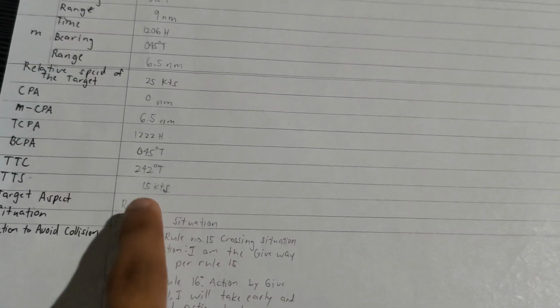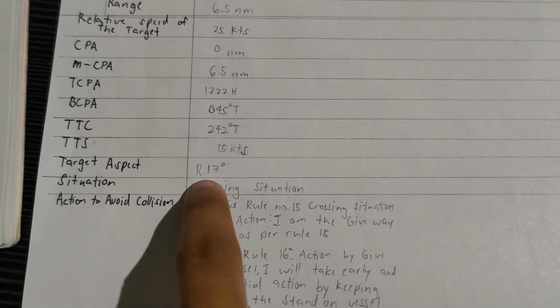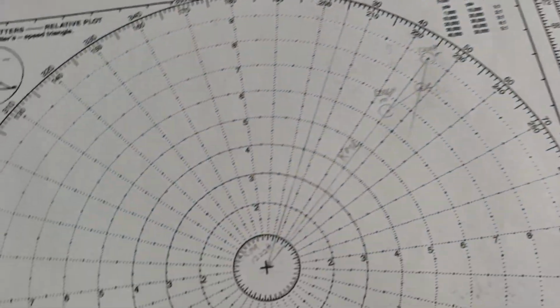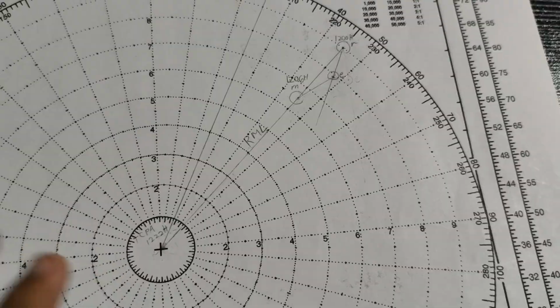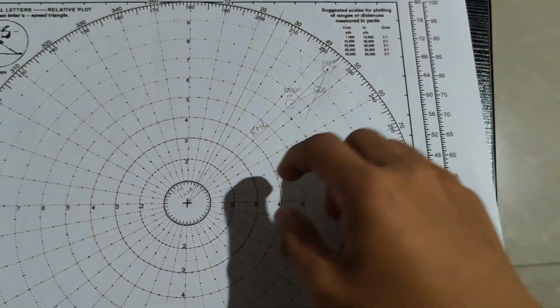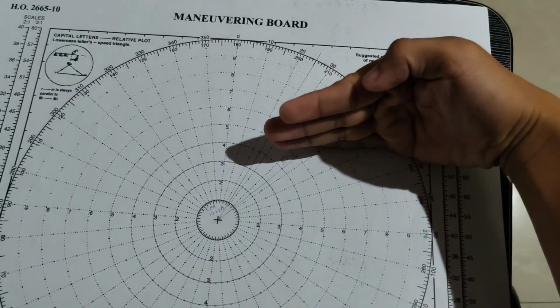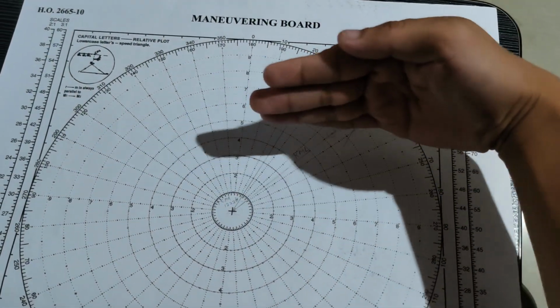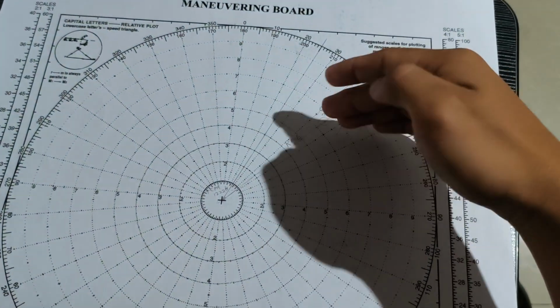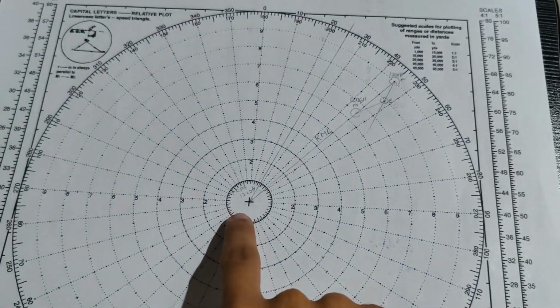And then the R in 17 degrees is the color that we see during the night. So just imagine it's night time. This is the target, the course of the target, and this is you.